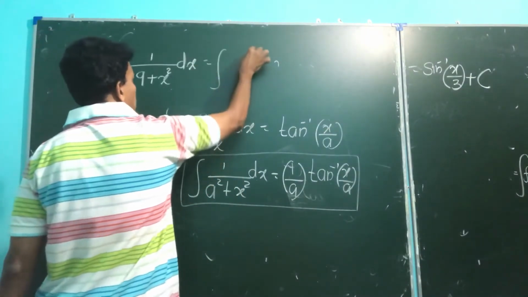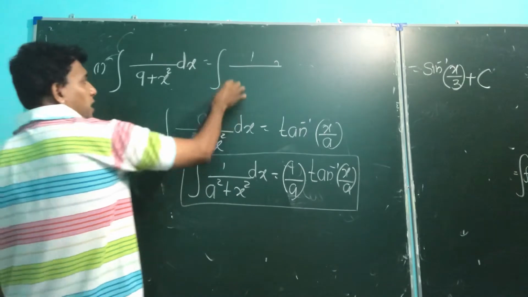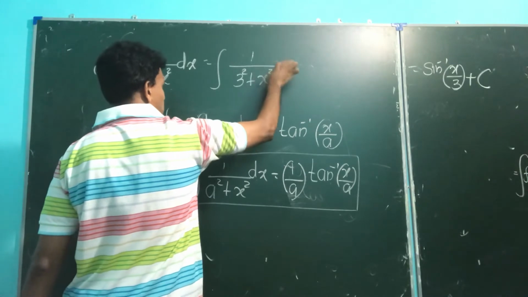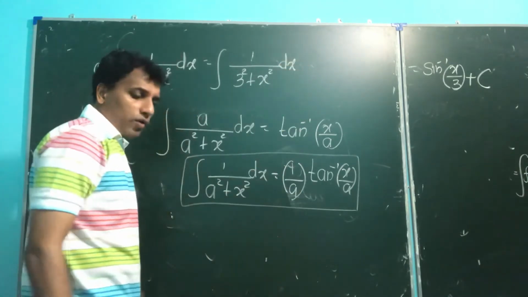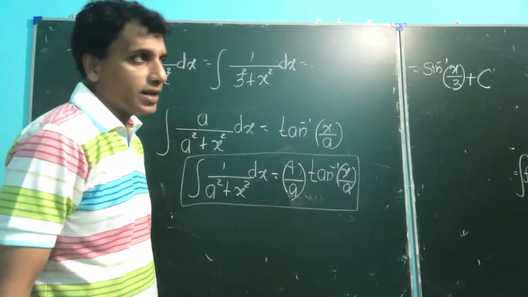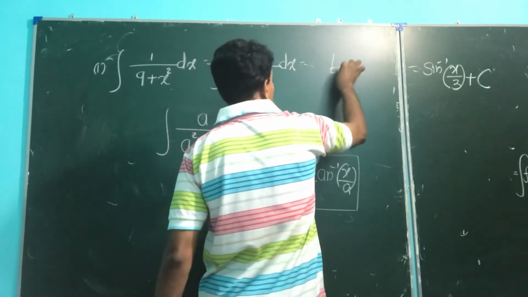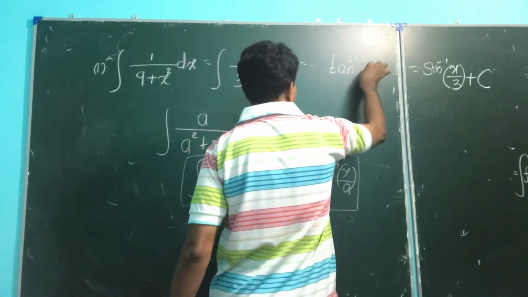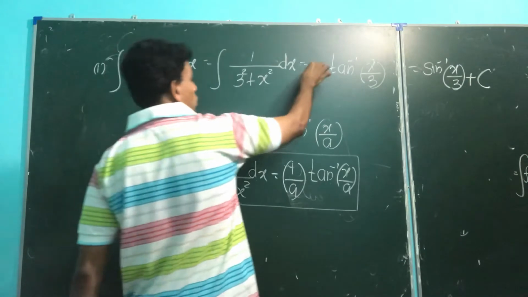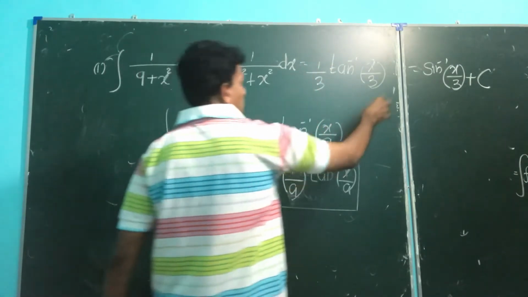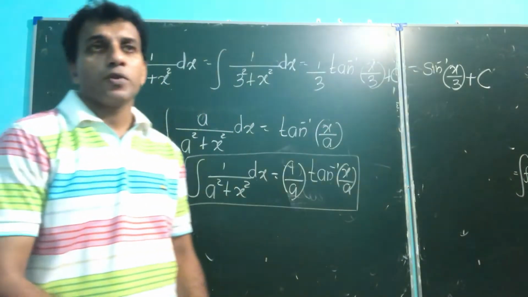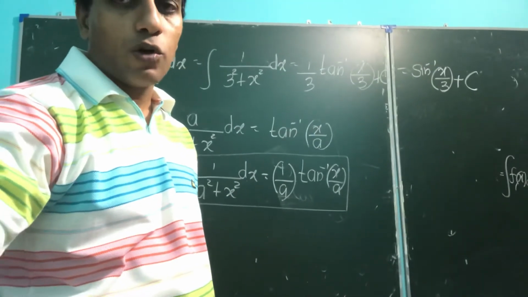So the integral of 1 over 3 square plus x square dx. It is of the form 1 over a square plus x square. Then follow the theory part and write the answer: tan inverse x over a. Don't forget the 1 over a here, the additional part, and put the arbitrary constant c.